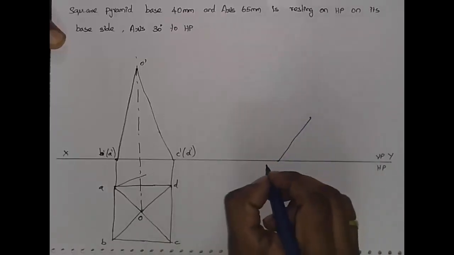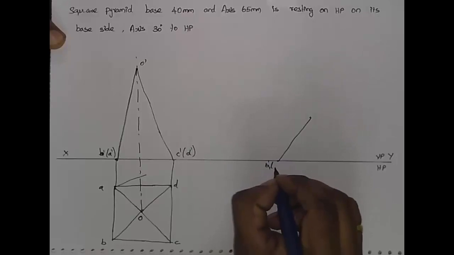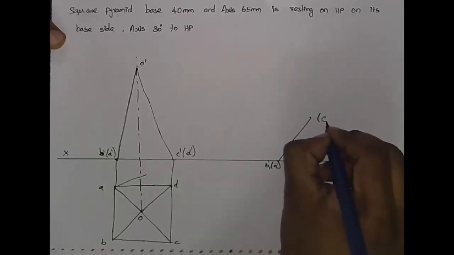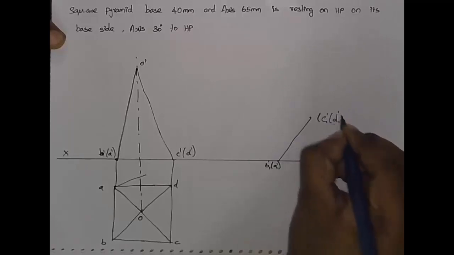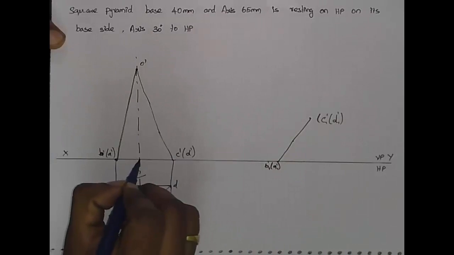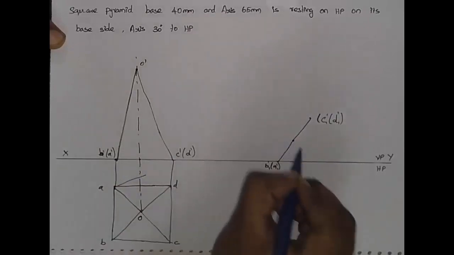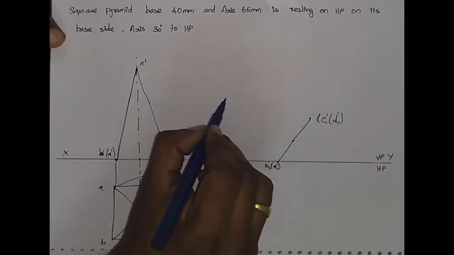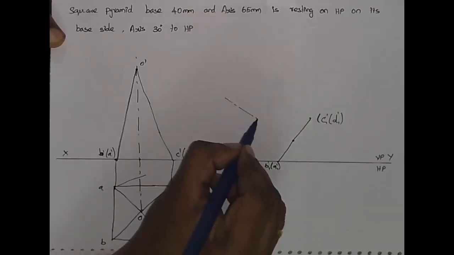So this point is B1 dash and A1 dash. Similarly, this point is C1 dash and D1 dash. Now from the center point, that is from this point, mark this point here. From this point, make a vertical perpendicular line in the axis direction.